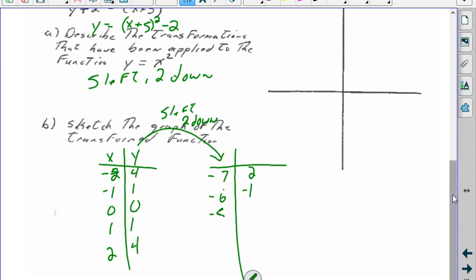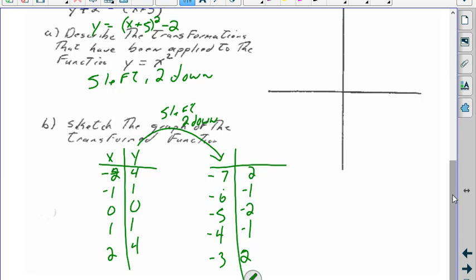This is (-5, -2). This is (-4, -1). This is (-3, 2). So again, I performed everything with all of those. I just added and subtracted as required. Because it's only translations, I did it in one step.